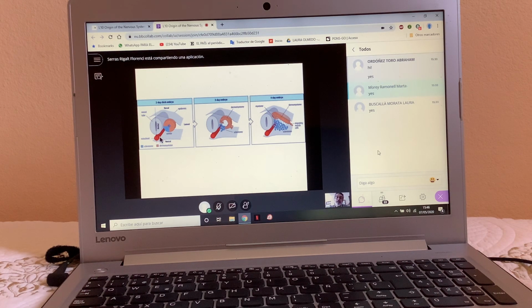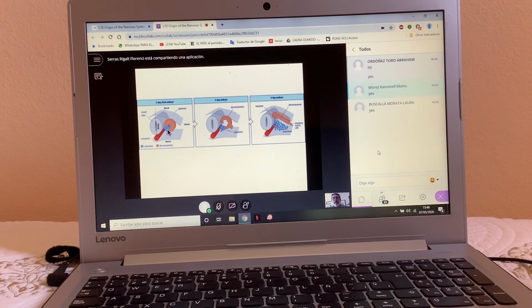The notochord is acting as a source of signals that are going to be controlling the states, right? And very soon, somites are going to be regionalized and separated in different domains.